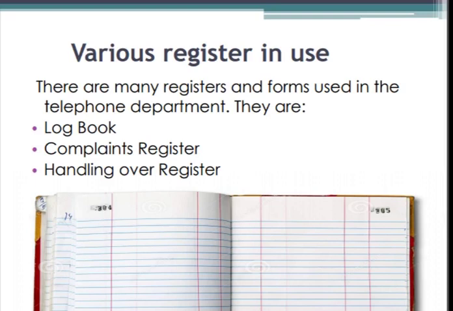Logbook is basically the book used to forward the logs between the employees of the same department. Let's take an example. For example, I am doing a night shift from 10 at night to 7 in the morning, and the other person is relieving me at 7:15.